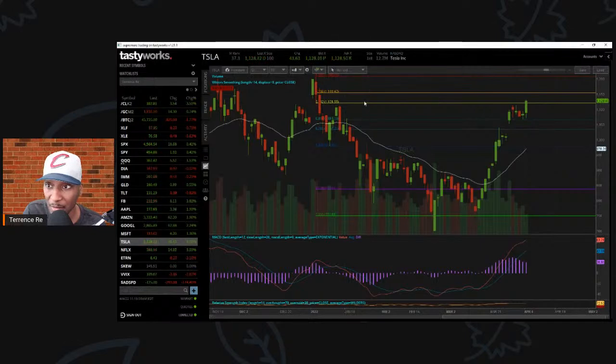Let me draw this gap, put this in here. See this right here. Tesla will come back to this at some point. It's either going to come back to here before it takes out the highs and then bounce, or it's going to take out the highs, and then as it's coming back down through here, it's going to test this. It'll come back and fill this gap.